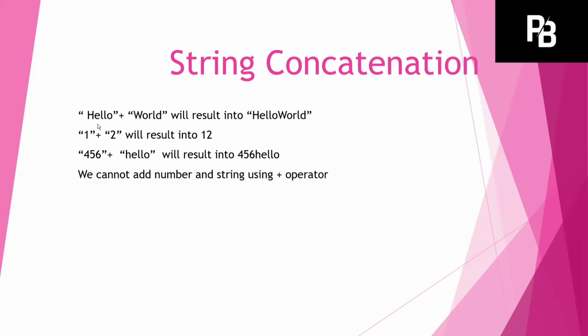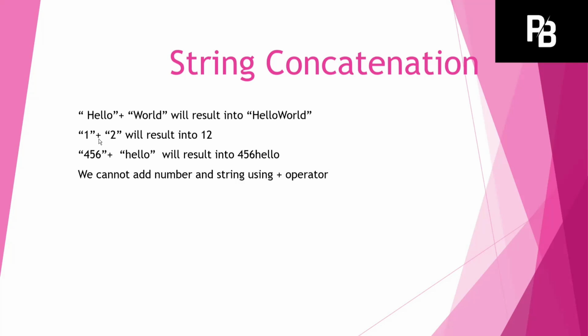Okay, so here is my one string, hello, and my second string is world. If I apply the plus operator, it will result in helloworld, joining the two strings. Same with numbers also. If one is written in quotation and two is written in quotation, it is known as a string.